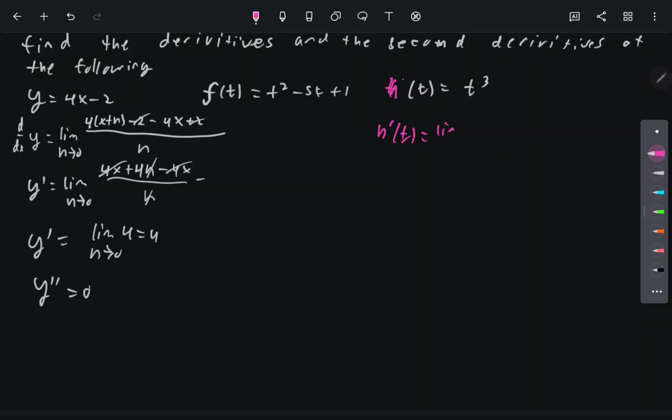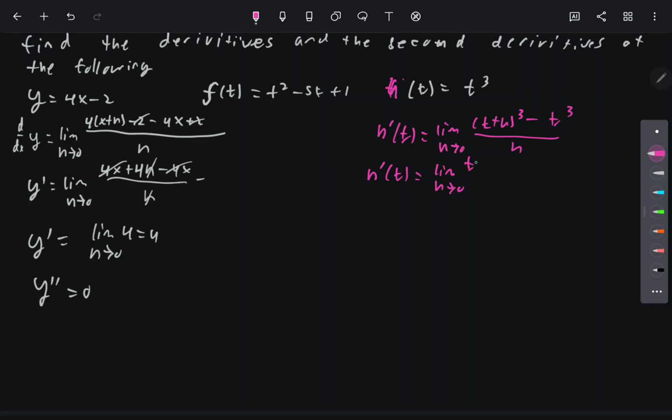Well, it's going to be the limit as h approaches 0 of (t plus h) cubed minus t cubed all over h. Well, then h prime of t is going to be the limit as h approaches 0 of, well, let's see what we can do. And also, I called that an x on accident. That needs to be a t.